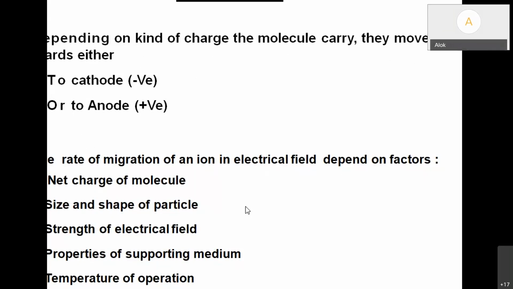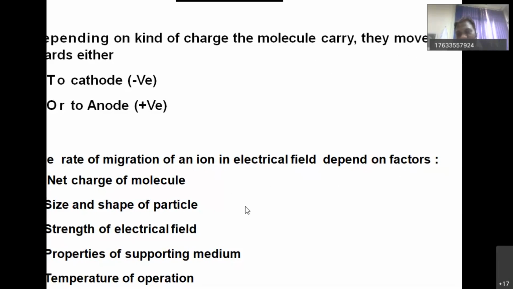So the principle of electrophoresis is basically that when you want to separate any molecule by electrophoresis, it will separate on the basis of the charge. So if it is a negative charge, it will go to the anode, and if it is a positive charge, it will go to the cathode in a supporting medium.